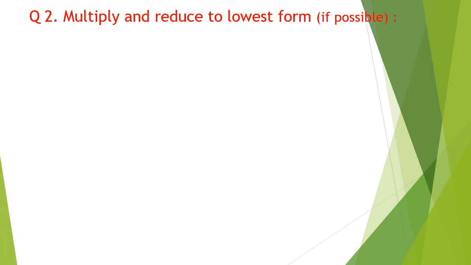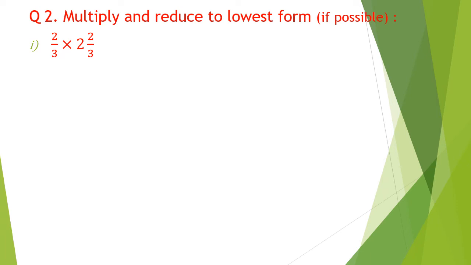Our next question, question number 2. Multiply and reduce to lowest form if possible. The first question, 2 by 3 multiplied by 2 integer 2 upon 3. Here the second fraction is a mixed fraction.